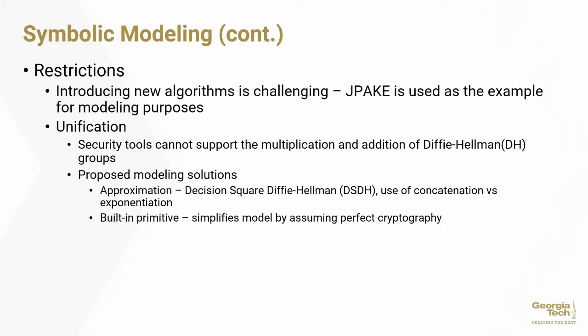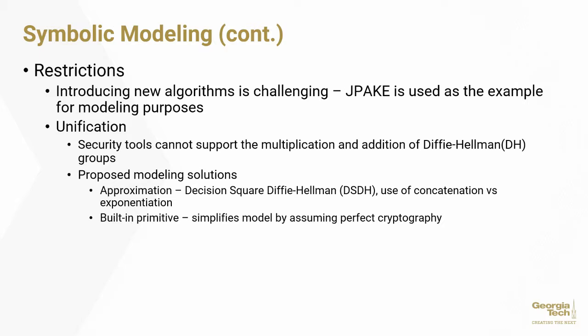Proper modeling of the JPake protocol requires multiplication and addition of Diffie-Hellman groups, which means there is no known efficient algorithm to support the required features. The authors suggest a practical approach to imitate the required functionality, but recognize that it is not a theoretical contribution to the open research problem. The 2 solutions proposed are approximation and built-in primitive.